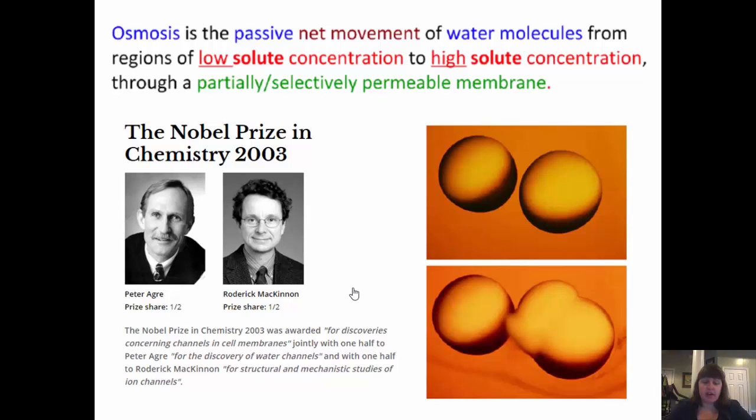So their functional demonstration of water transport: here we have a control oocyte that is not expressing their protein, and a test oocyte here that they had injected the complementary RNA to express their protein.